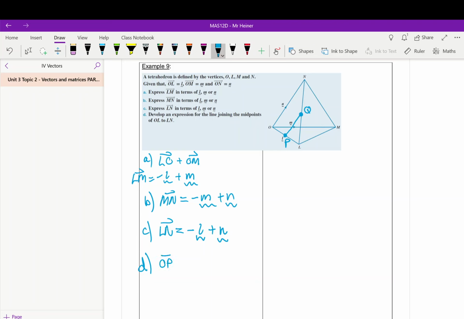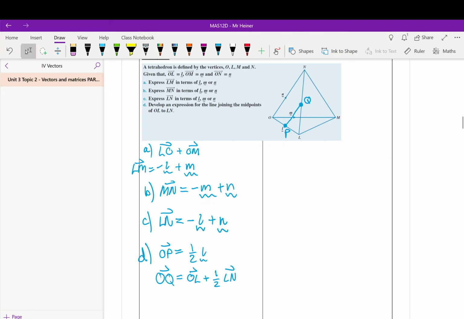So we know OP is equal to half times L. OQ is the vector sum of OL and half of LN. So going from O to L plus half of L to N, both of which we have defined in terms of vectors. So that is L plus a half, and LN we know is negative L plus N.